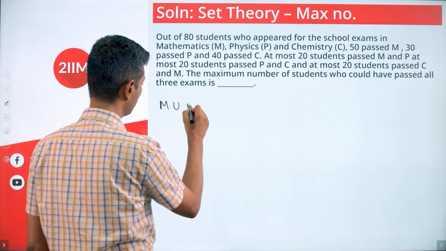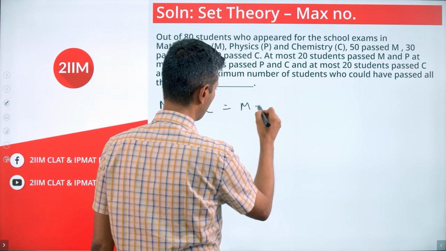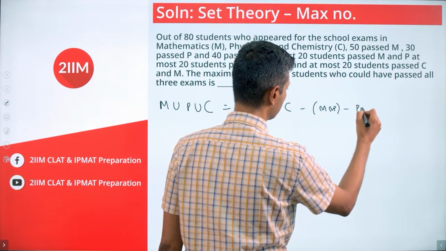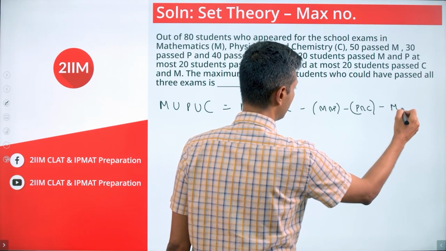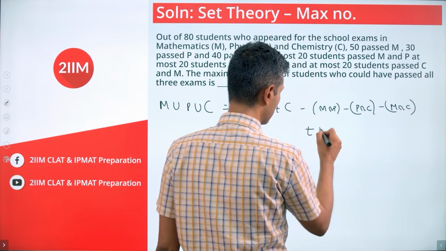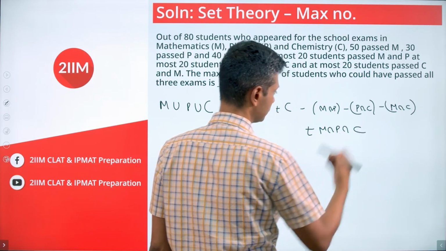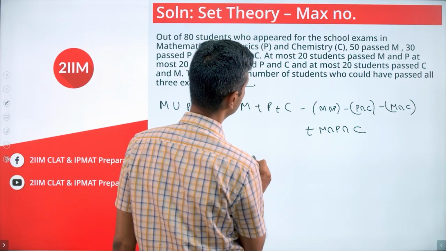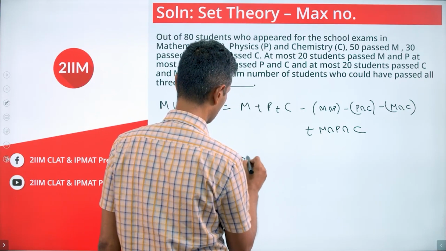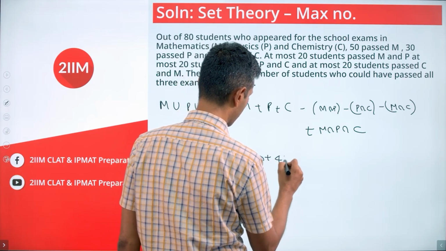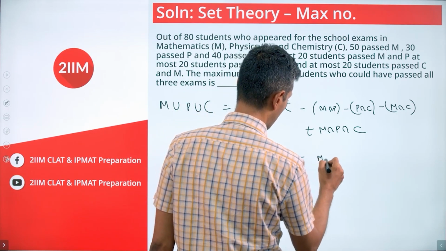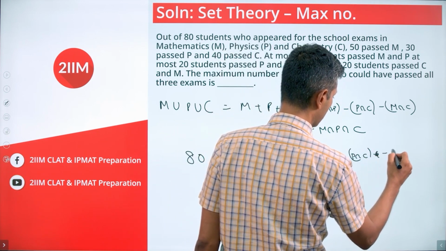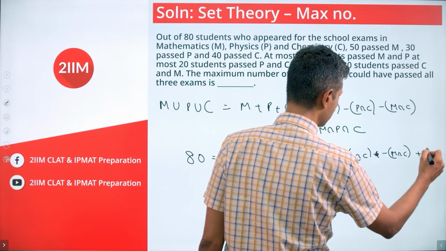M union physics union chemistry is M plus P plus C minus M intersection P minus P intersection C minus M intersection C plus M intersection P intersection C. So this is 80, which is 50 plus 30 plus 40, minus M intersection P minus P intersection C minus M intersection C plus x.